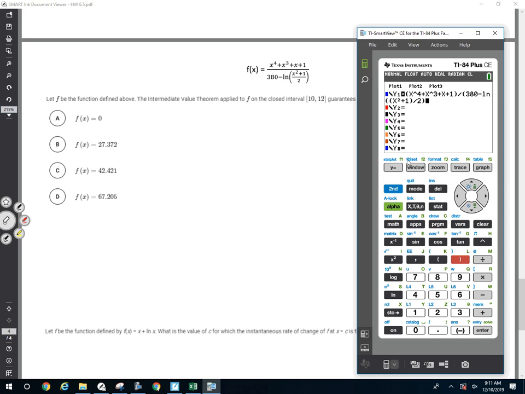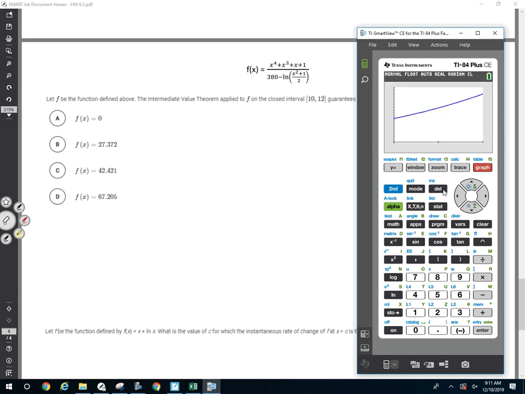We're looking from 10 to 12. I'm going to look literally from 0, probably negative 1, all the way up to 68. I messed up with the window range. 10 to 12.